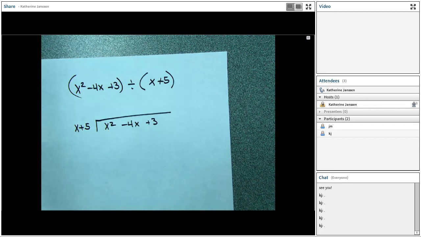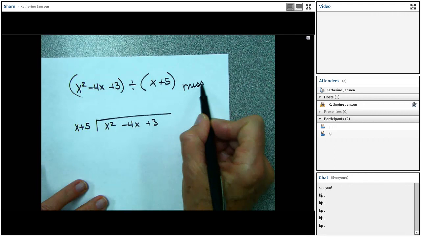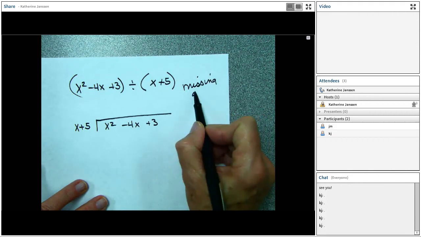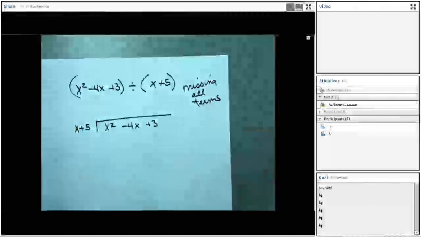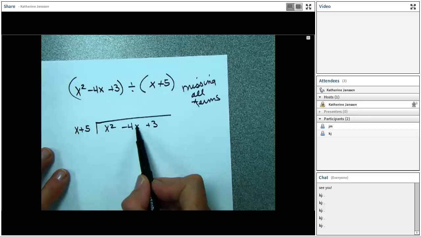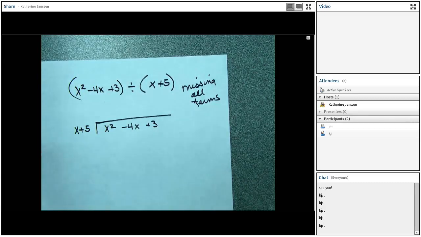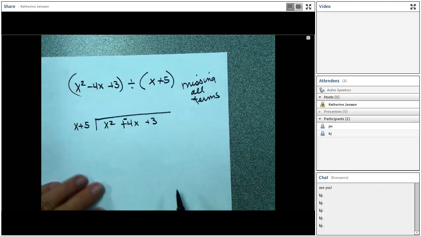Just make sure with division of polynomials that you check and complete all missing terms. They're placeholders. And I have x squared, x to the first degree, and x to the 0. So I'm good there. And then you want to make sure you know the sign of that term.